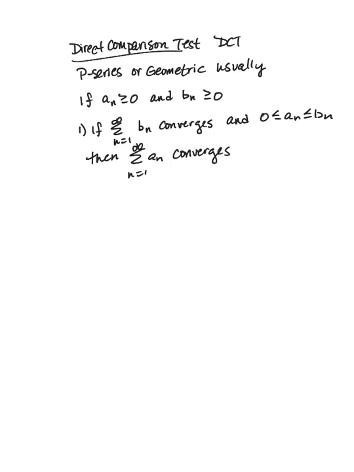So smaller than a known convergent converges. That's what this means in layman's terms. Smaller than a known convergent converges.